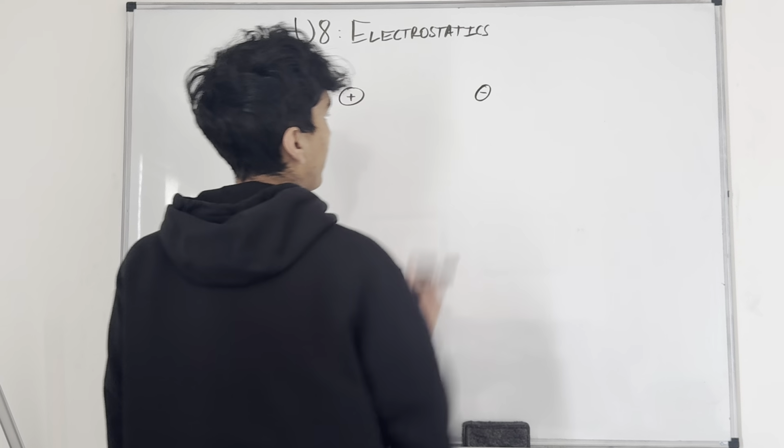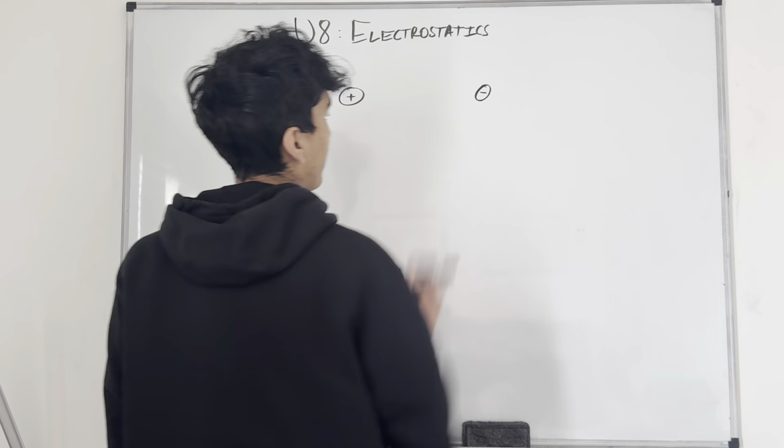Now with gravity, we have an equation that allows us to figure out what the gravitational force is due to two masses. And for electrostatics, we have an equation that does quite the same thing for charge. So there's this electric force. How do I figure out how much force there is?